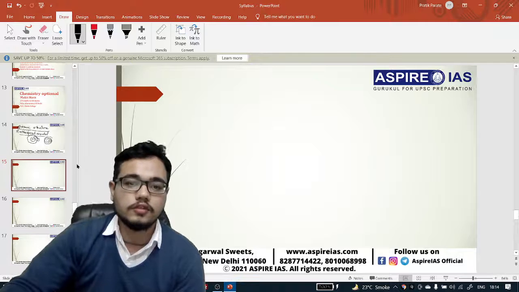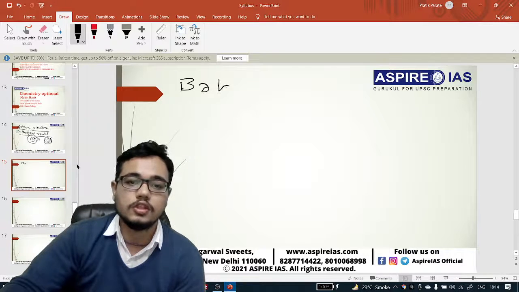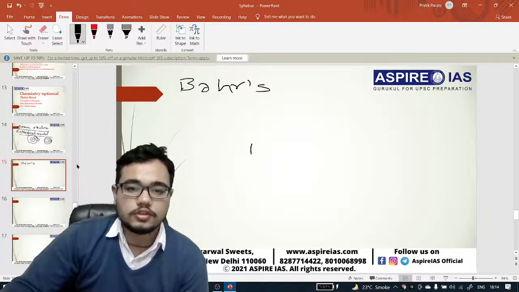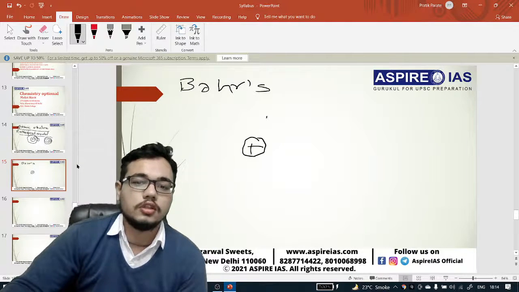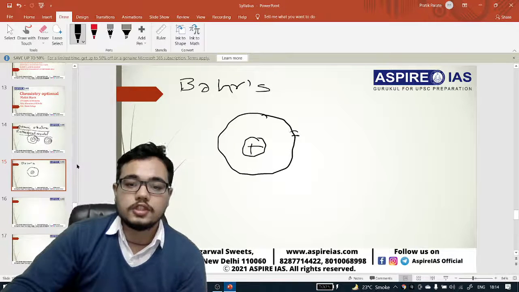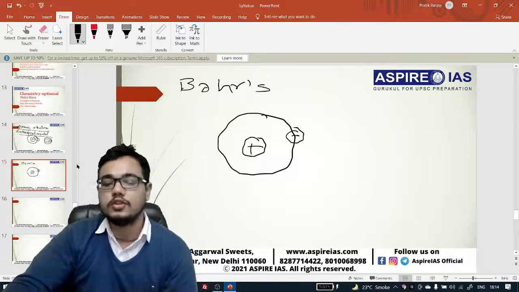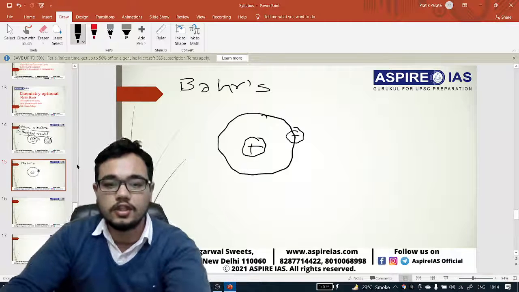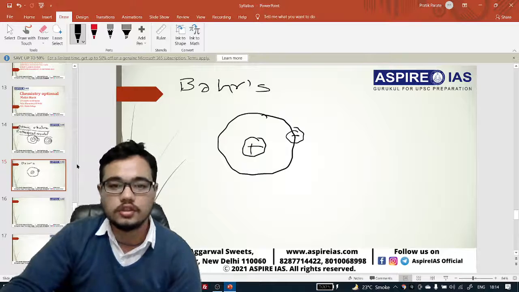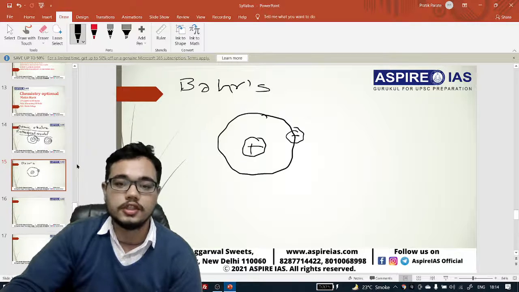The next model that came was Bohr's model. Bohr said that the electrons are moving in circular paths around the positively charged nucleus. These circular paths are fixed. So he gave the solution to the first problem, that the electron will submerge in the nucleus; that will not happen. These paths are fixed.